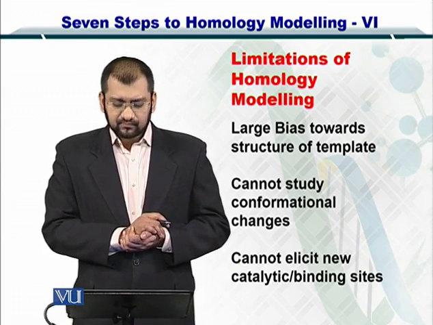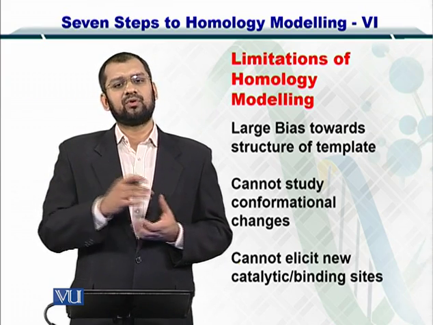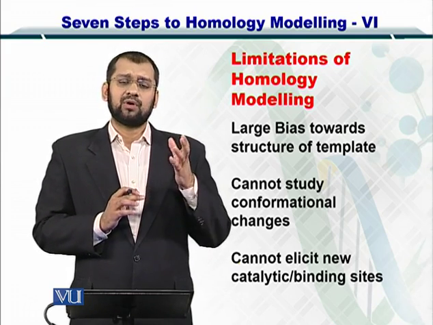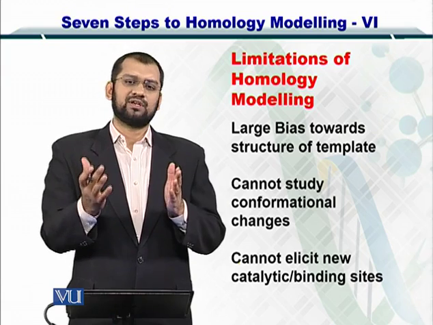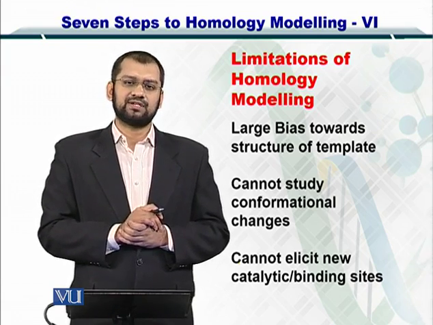Also, if there are conformational changes in the protein whose structure is unknown, that is the target, then because you're using the template, you cannot predict those conformational changes. And therefore, you can miss those conformational changes.